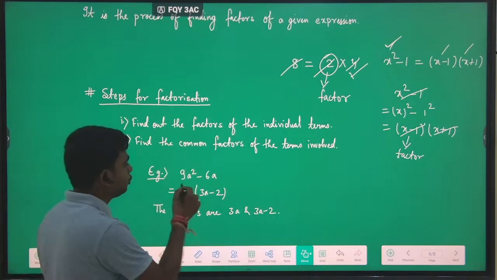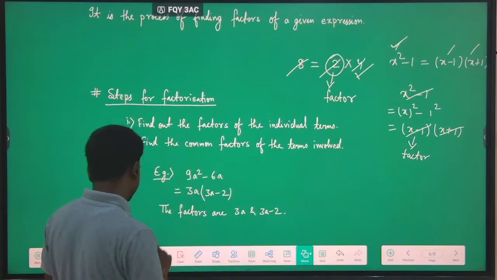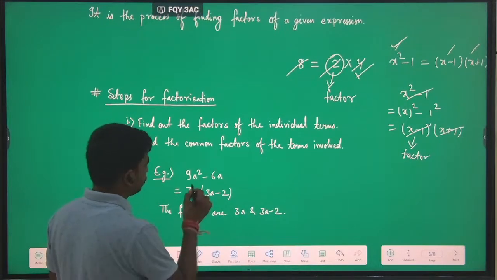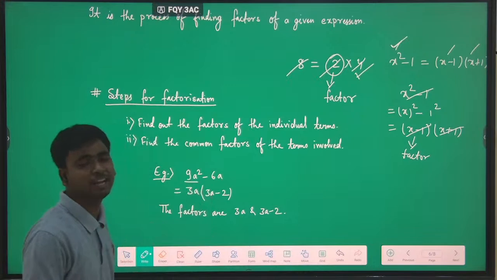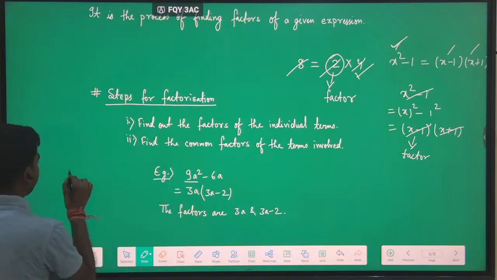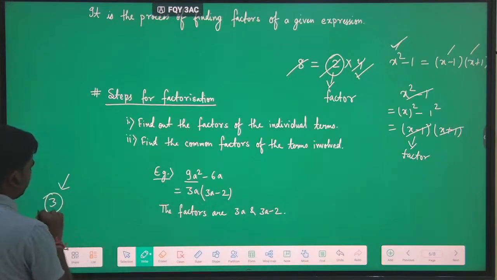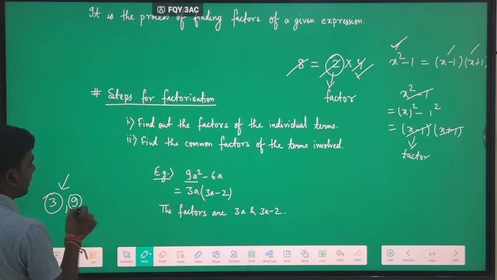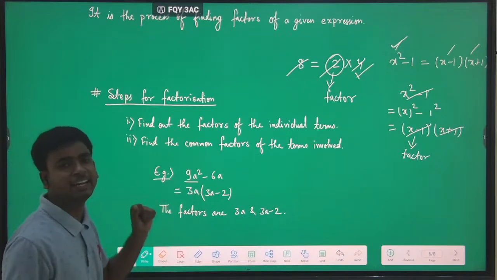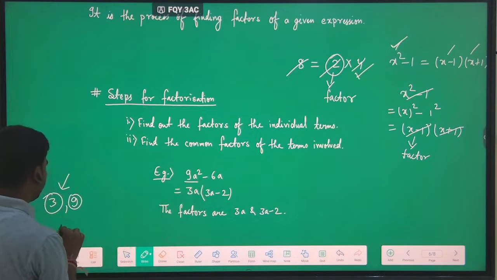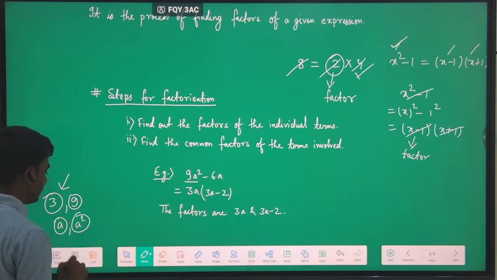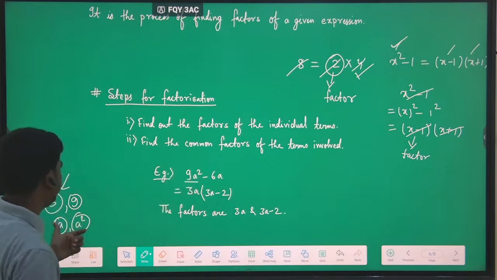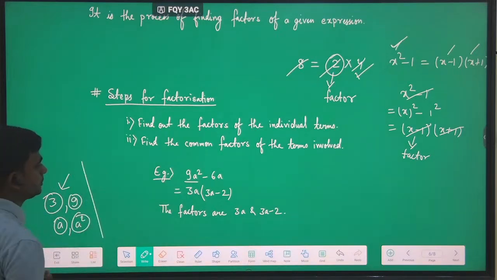First of all, we have to find out the factors of our individual terms. Our 9a square is our first term, so we have to find out its factors. 9 can be divided by 3 and 9, so the factors of 9 are 3 and 9. a square can be divided by a and a square.